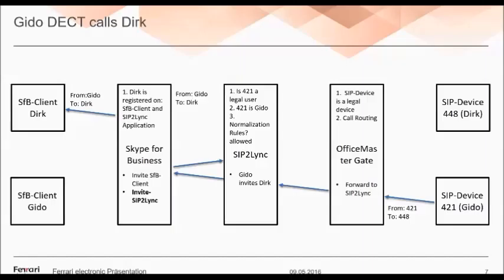The SIP2LYNC server matches to the local database, okay, I have numbers for Dirk, I have numbers for Guido. It puts the full number from Guido into the SIP invite, it invites the 448, and this device is ringing.